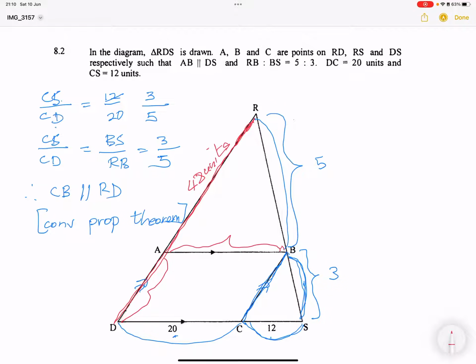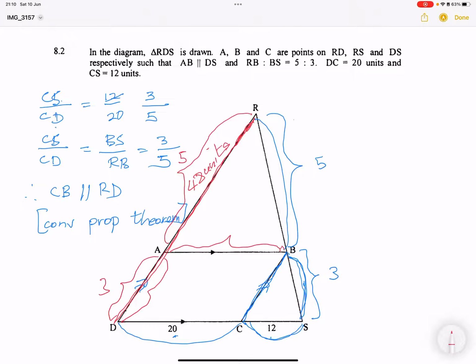Now, what we can do, ladies and gents, is try to find the length of the two sides. So we can find how long side AB is and AD is. Let's start with AD. Remember, we know that this is 5 over 3 because of the proportionality theorem.